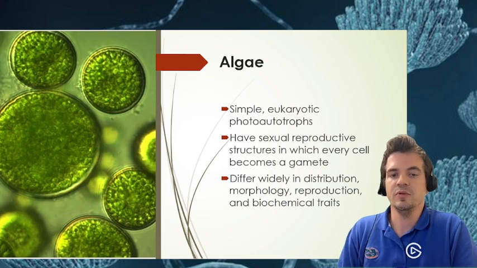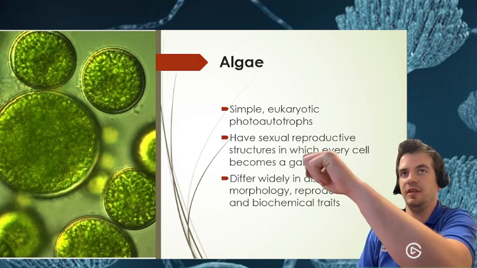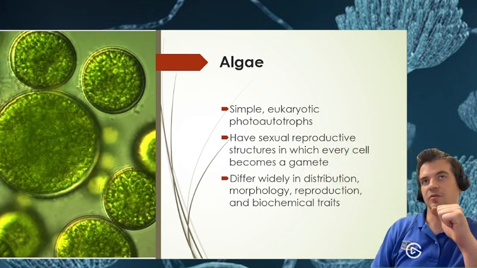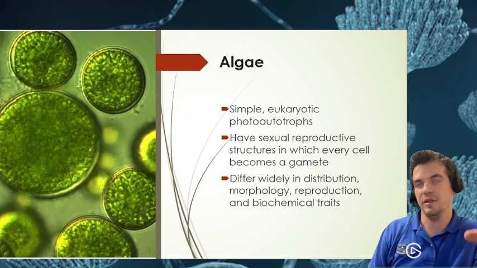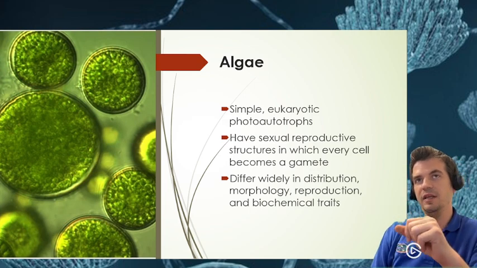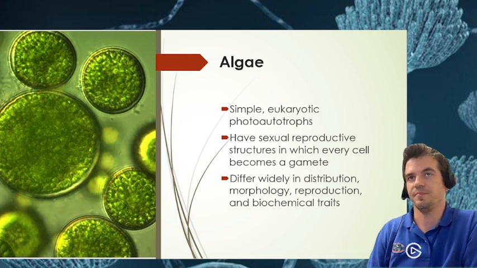So they're simple eukaryotic photoautotrophs. So we keep seeing these types of words, trophs. We'll get into that when we learn nutrition and metabolism. But for the time being, you would learn that photoautotrophs means that they get their energy from light.